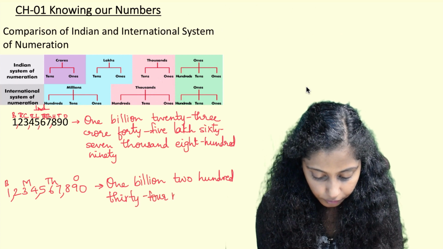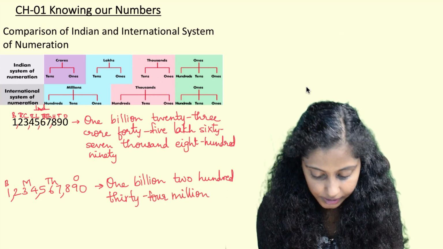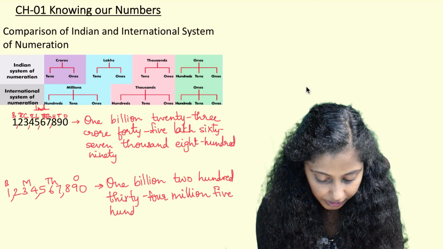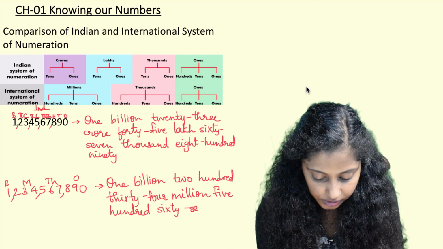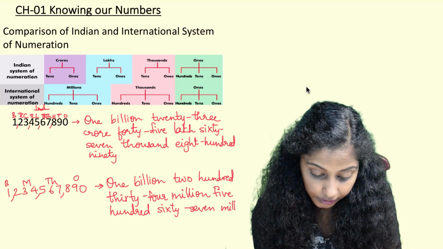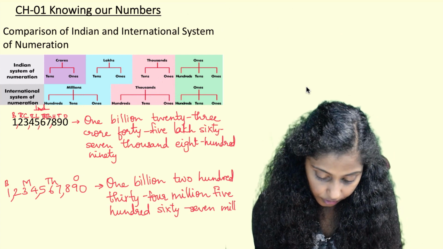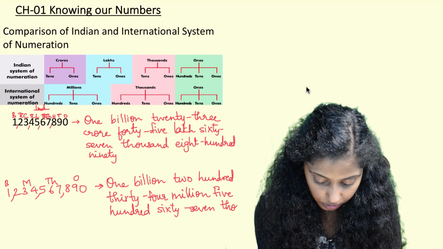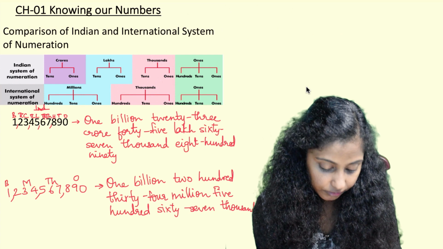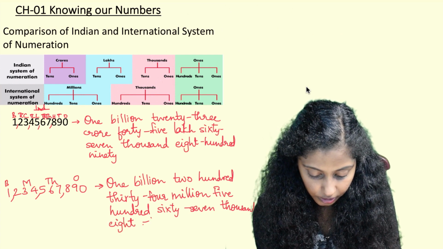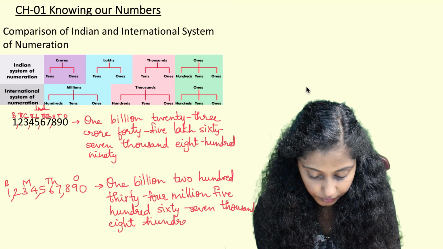Then in the group of thousands we have 5, 6 and 7, so it will be 567,000. And after thousands we have the group of ones, again hundreds, tens and ones, so 890.